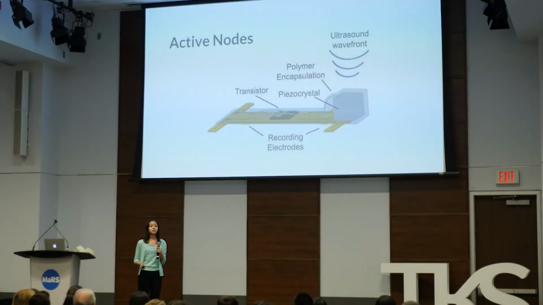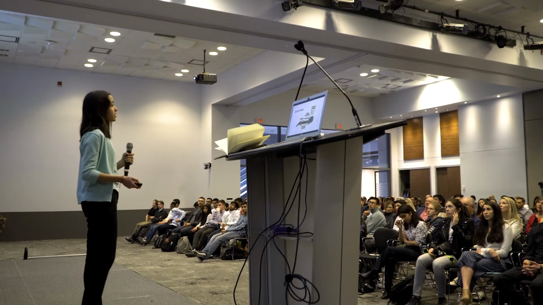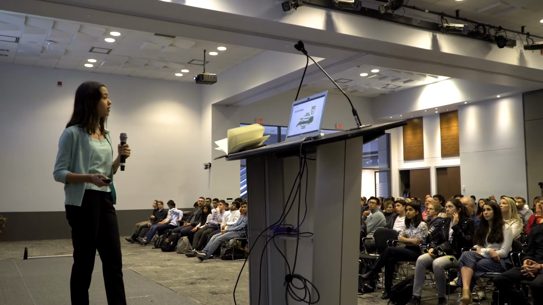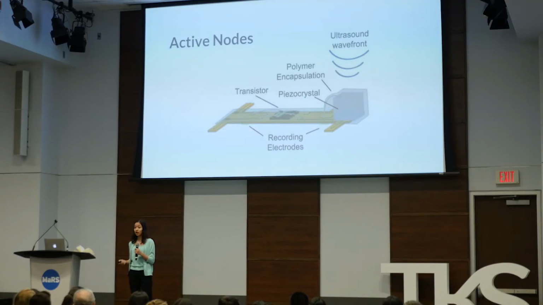In active nodes, we have this piezoelectric crystal inside these neural dusts. What happens is that this piezoelectric crystal receives an ultrasonic pulse from an interrogator, and it then converts this mechanical power from the pulse into electrical power so that it can take your brain signals and process them and send them back to the interrogator itself.